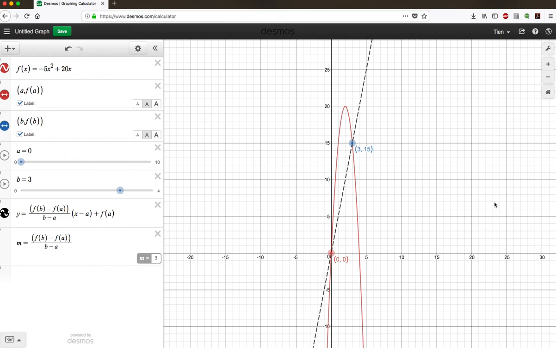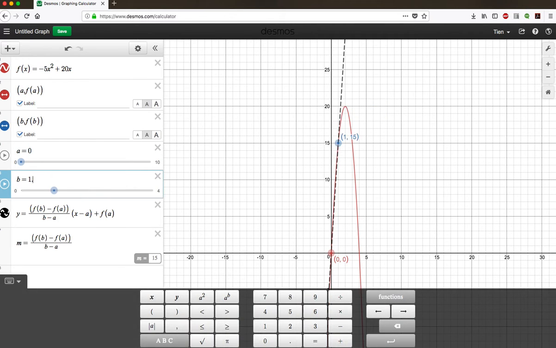Well, that's all well and good, but it doesn't quite answer the question that we have. So I could ask myself, what happens in the first 2 seconds instead? In the first 2 seconds, we go from zero on the ground to 20 meters in the air.